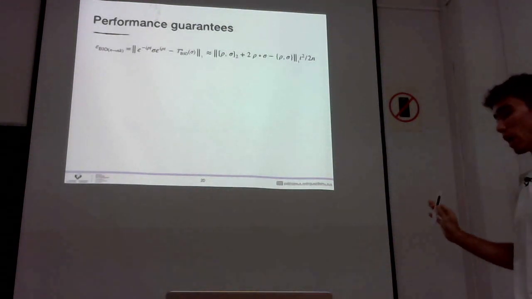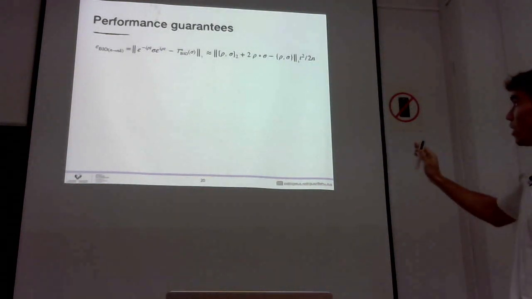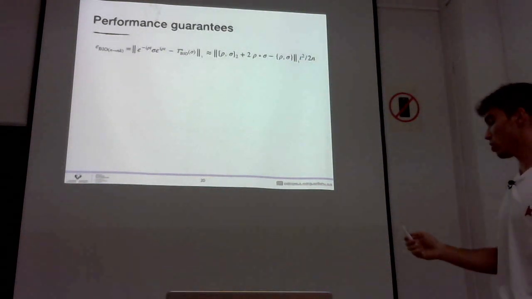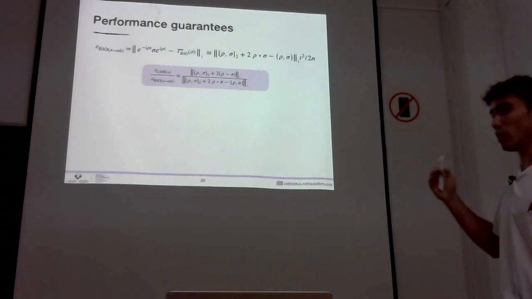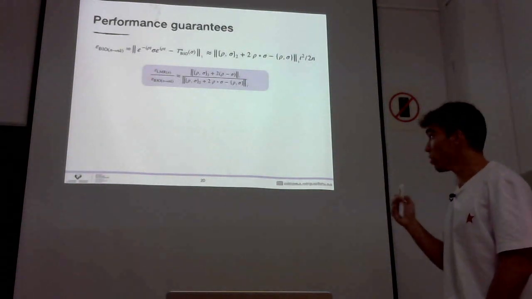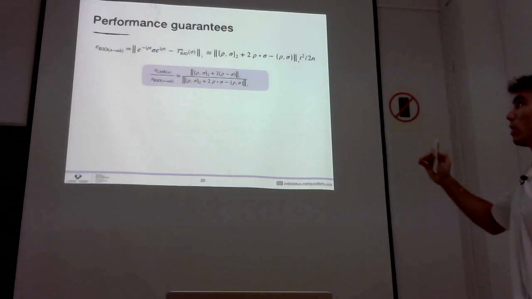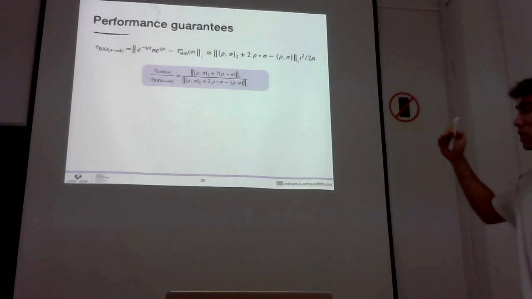We know that we cannot reduce the order of the LMR protocol because it's optimal, but we have obtained a quantum channel which gives you this norm instead of the previous one. So we can quantify the improvement of our protocol by calculating the quotient of these two errors.